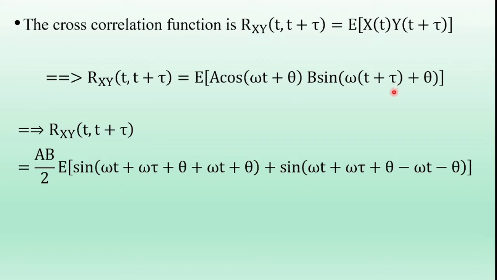The term within the bracket is of the form sin A cos B. Here the 2 is missing, so multiply numerator and denominator by 2.